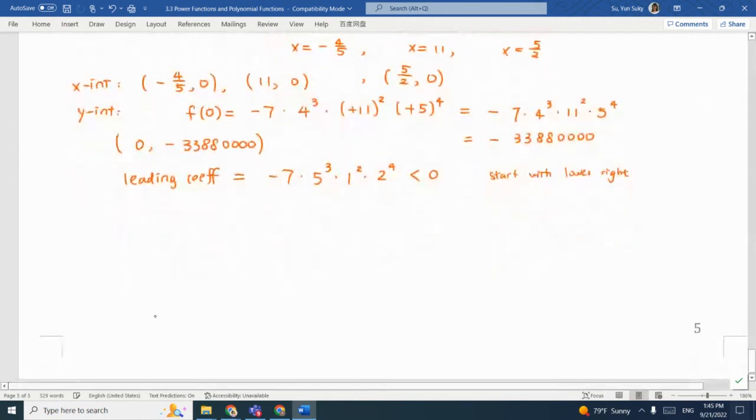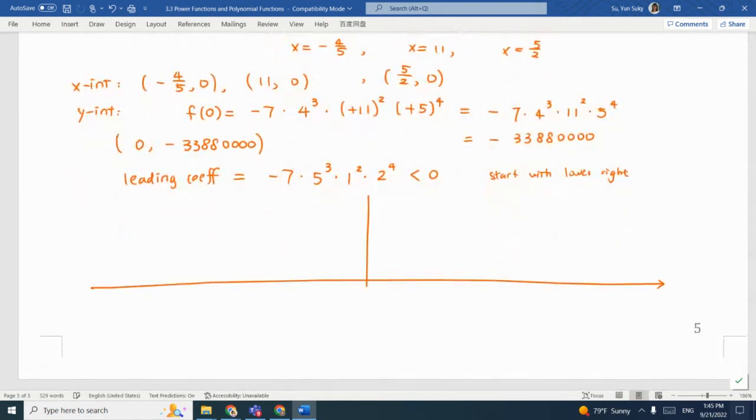Okay, we're ready. So real number line. Don't put so many bars there. You look at the x-intercepts, -4/5, and 11 is so big, so you can put the 11 here. And 5/2, you can put it here.